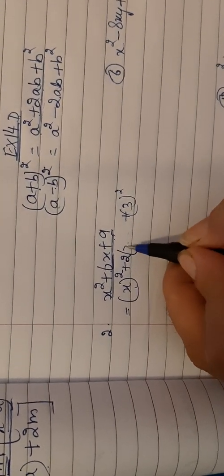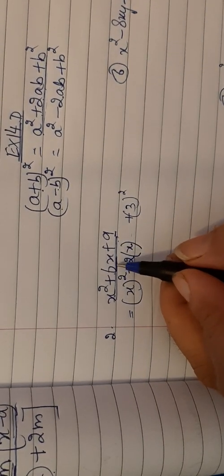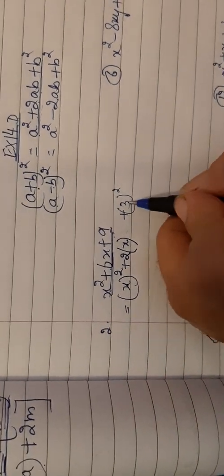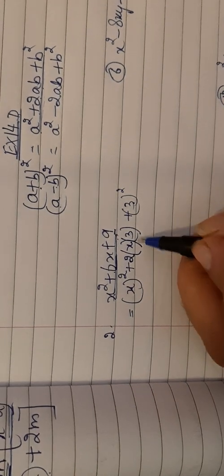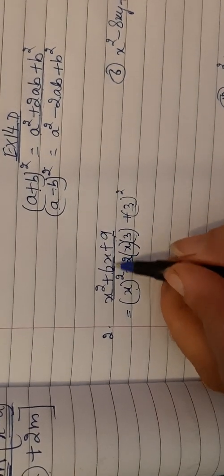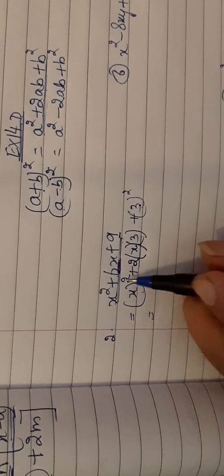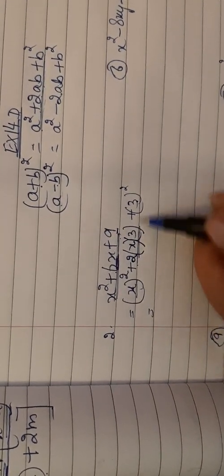Twice a, where a is x and b is 3. When you multiply this, you see that you are getting 6x. So it is x square plus 2 into x into 3 plus 3 square, which becomes a square plus 2ab plus b square.